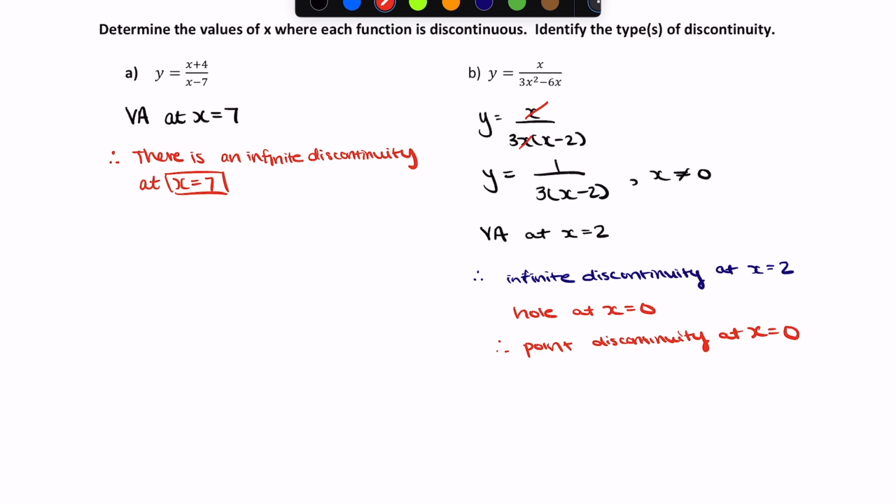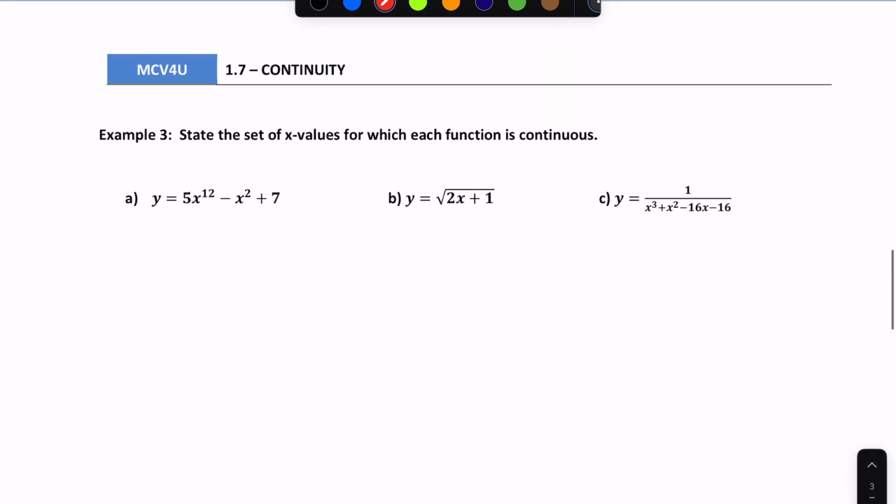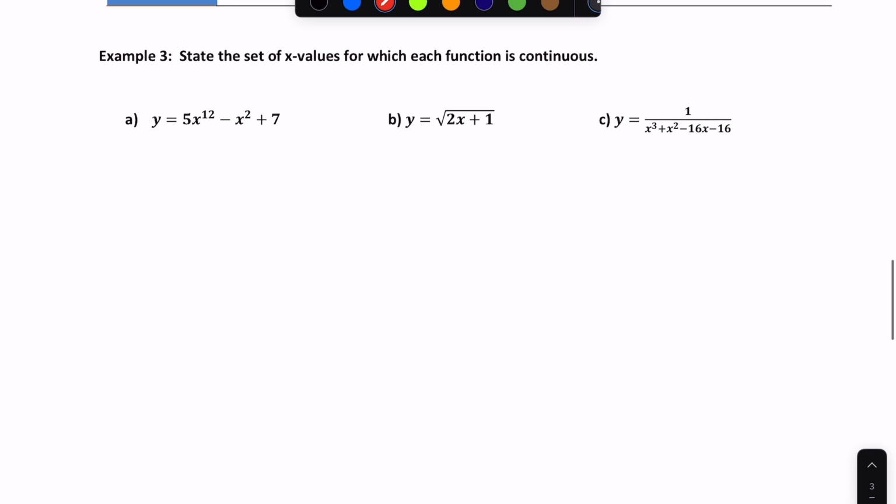Okay, so let's look at example number 3. So here again, it says state the set of x values for which each function is continuous.